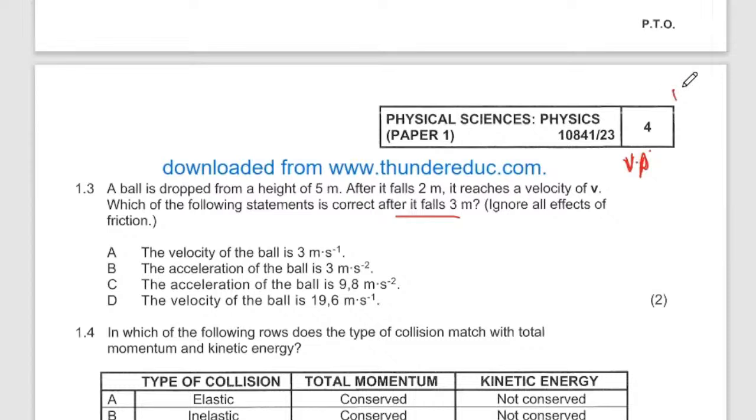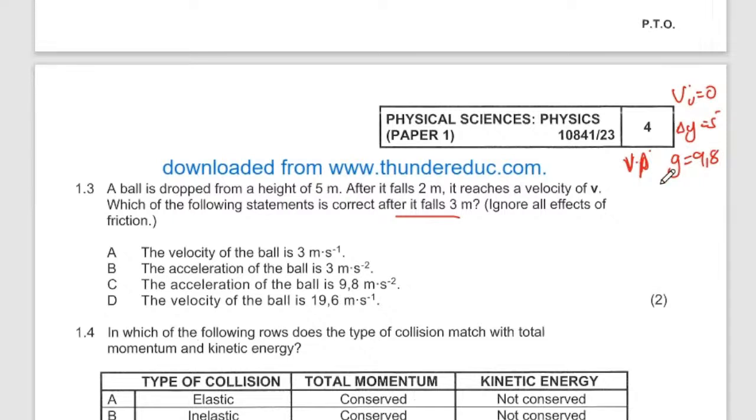Since the ball was just dropped, our V initial is 0. We know that delta y is 5 meters. The acceleration due to gravity is 9.8 meters per second squared.